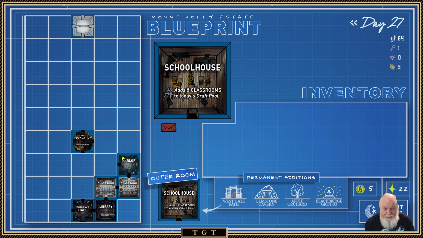And since I can only have one outer room, I can't have the schoolhouse and the hovel in the same day. If I got the hovel, I could use extra footsteps instead of gems to get into special rooms. The classroom's a special room costing a gem, and therefore would cost footsteps instead of gems. But the problem is, if I do the hovel, I can't do the schoolhouse, and if I don't do the schoolhouse, I won't see the classrooms at all. So that was the trade-off: if I want to do classrooms, I have to chase gems for the rest of the day, like normal.